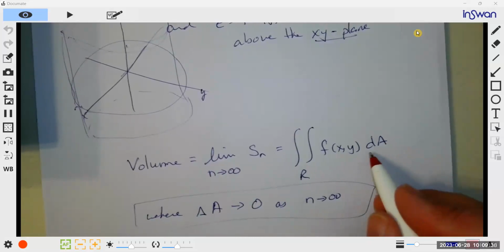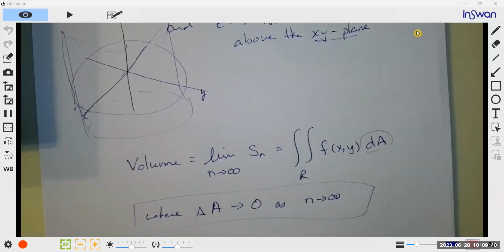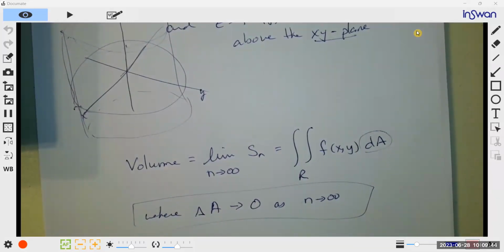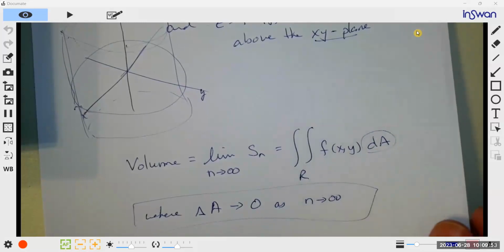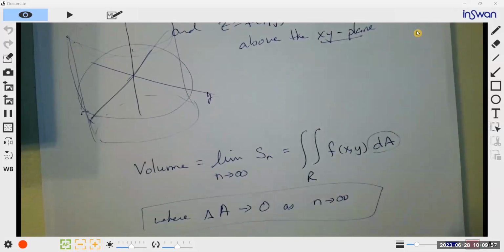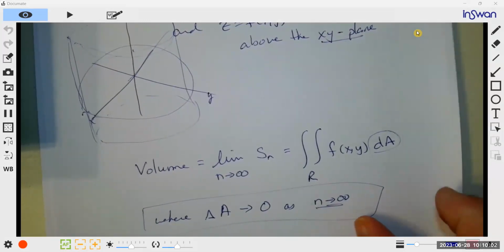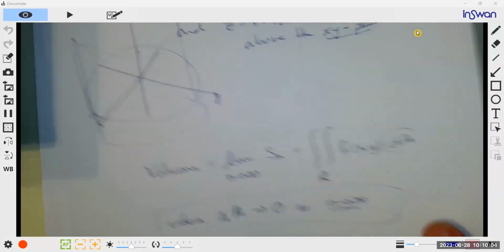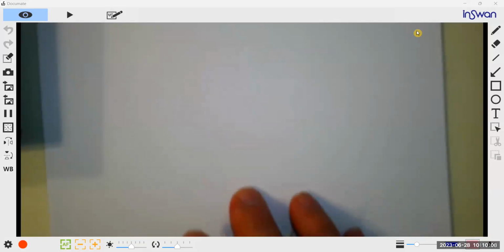As n goes to infinity, the delta A, the volume of these columns goes to 0 because they become infinitely small. So the more of these objects that we have, as in the more of these rectangles or columns that we have, and the smaller they are, the better it is to find the volume.